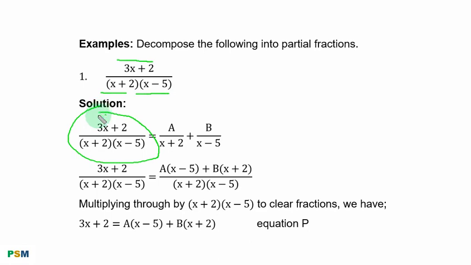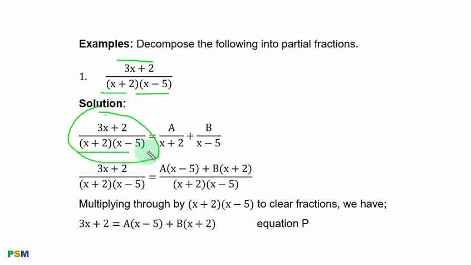In the denominator, the factors are non-repeated. In other words, they are different. s + 2 is different from s - 5. For that reason, you assign two numerators, one to each of them.